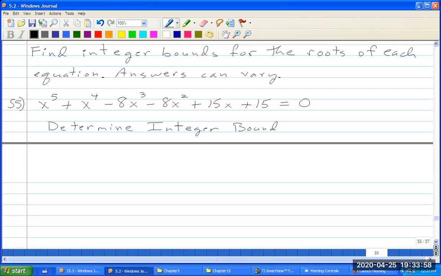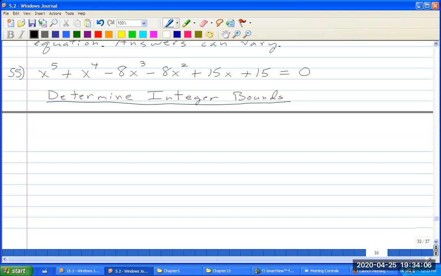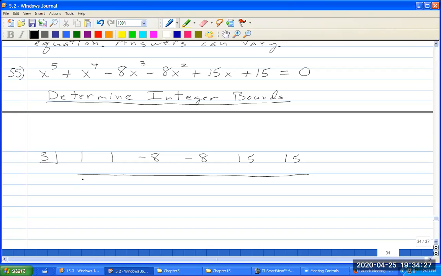Actually, maybe I'll do the largest one first. So either 3 or 4 should work. Let's just try 3. That's a 1, 1, -8, -8, 15, 15. Okay, so 1 times 3 is 3, plus 1 is 4, 12, good.